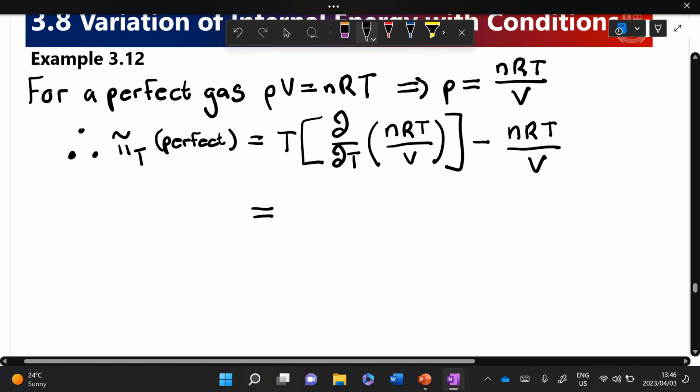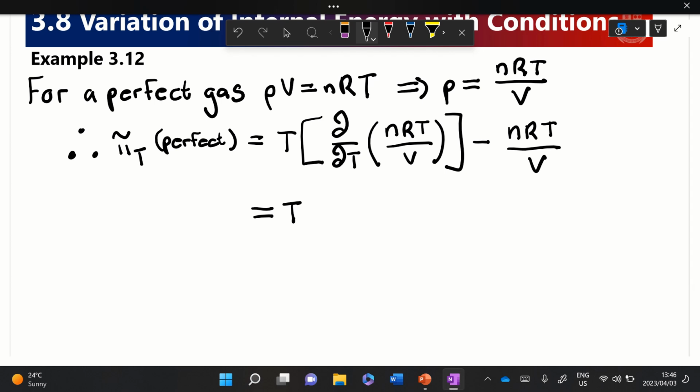So that leaves us with T times the derivative of nRT over V with respect to T. The only thing the derivative can be taken with respect to is T. The derivative of T with respect to T is just 1. So we're left with nR T over V.